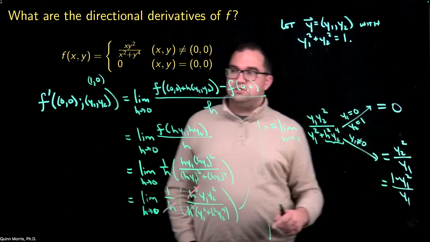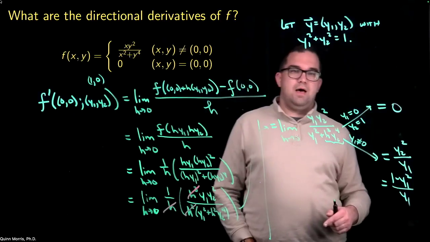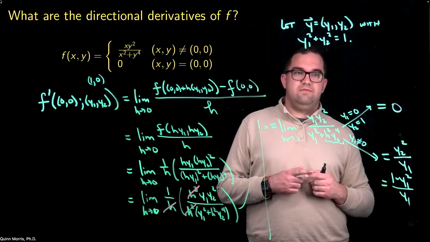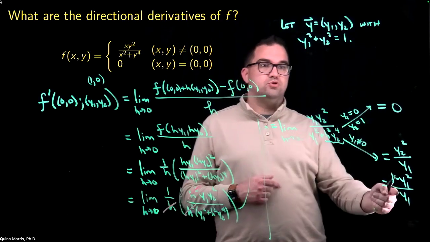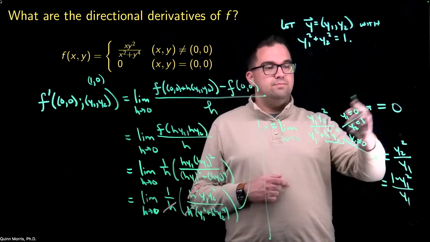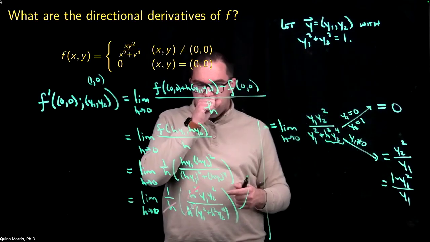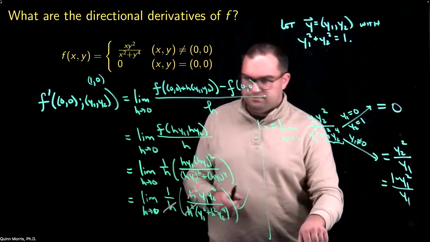So that shows me that my directional derivative in the x direction is 0. This shows me my partial derivative with respect to x is 0. This shows me my partial derivative with respect to y is 0.